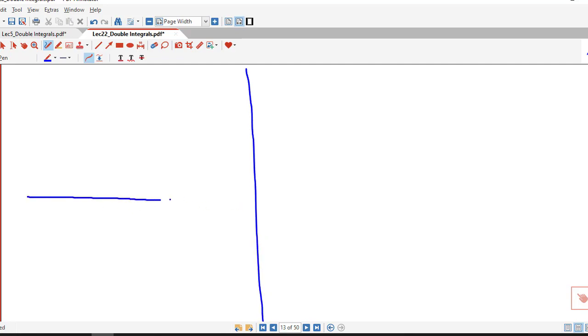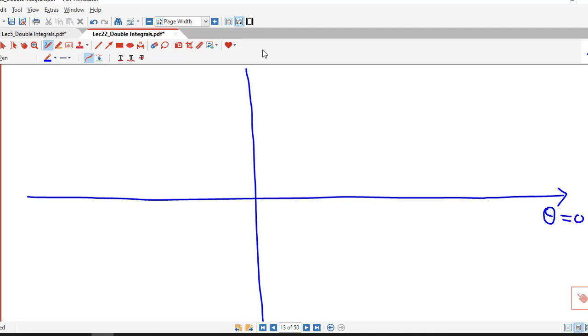So it is a circle whose center is on x axis, and as we know, x axis has polar form theta equal to 0. Similarly, polar form of y axis is theta equal to pi by 2, and we require circle with center (a by 2, 0) and radius a by 2.